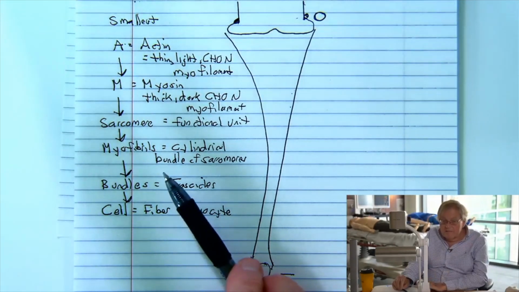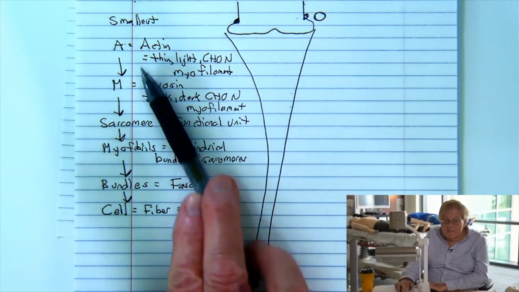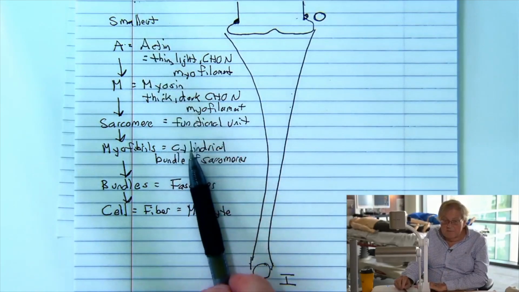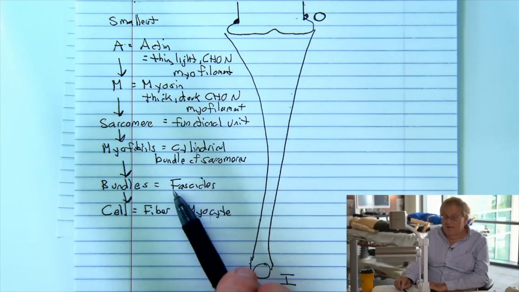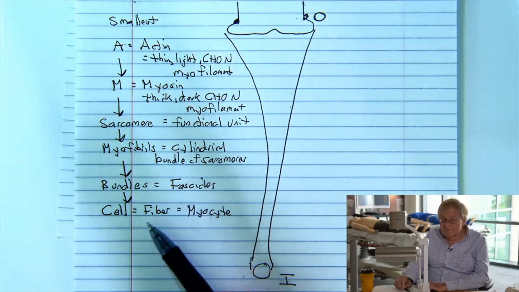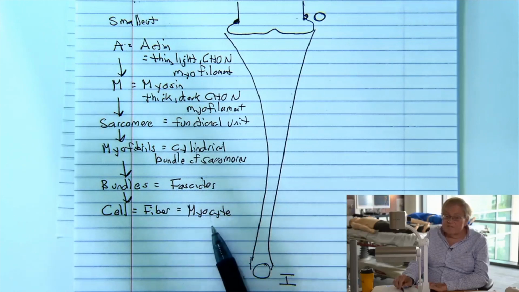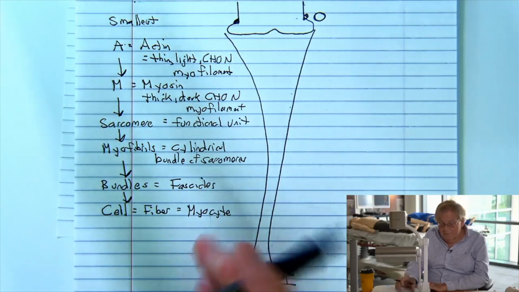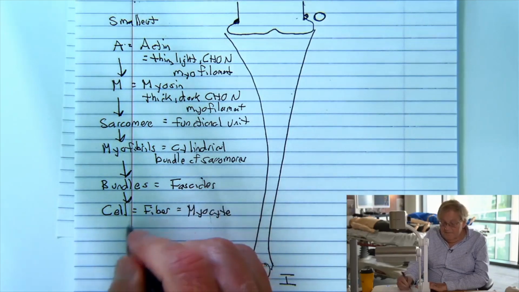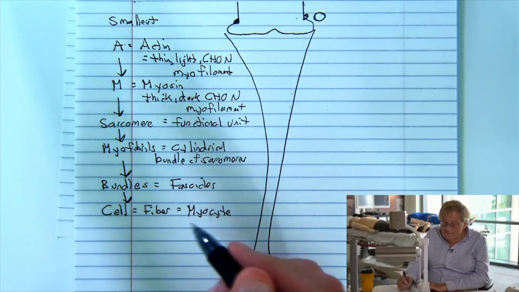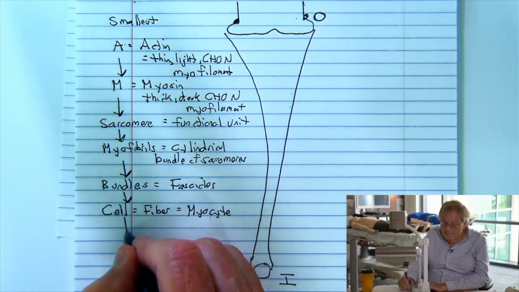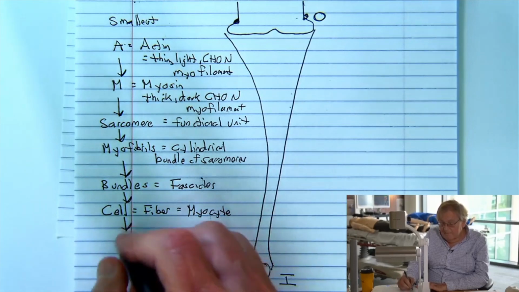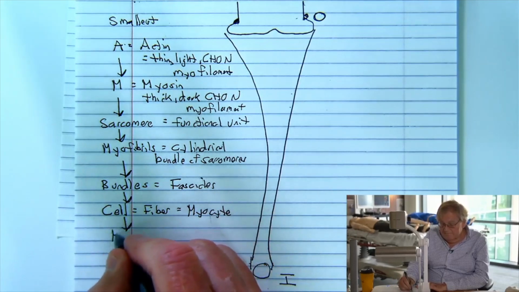So everything from here up is microscopic. But once I get to bundles, I can actually visualize that without a microscope. Then I go to muscle cells, fibers, or myocytes, and those group together, and as they group together, they end up being the muscle.